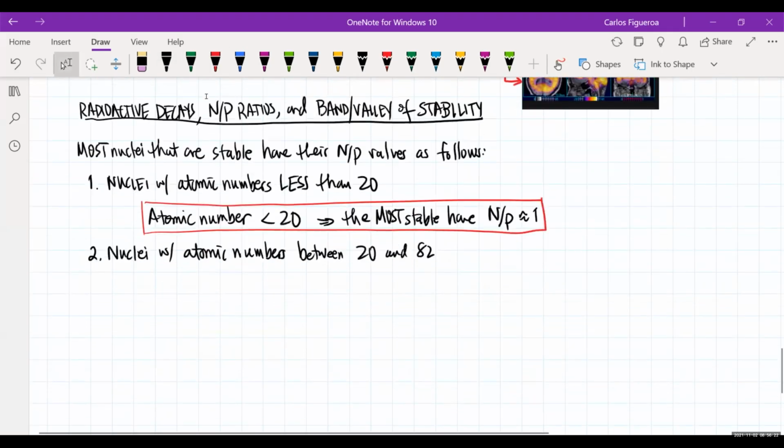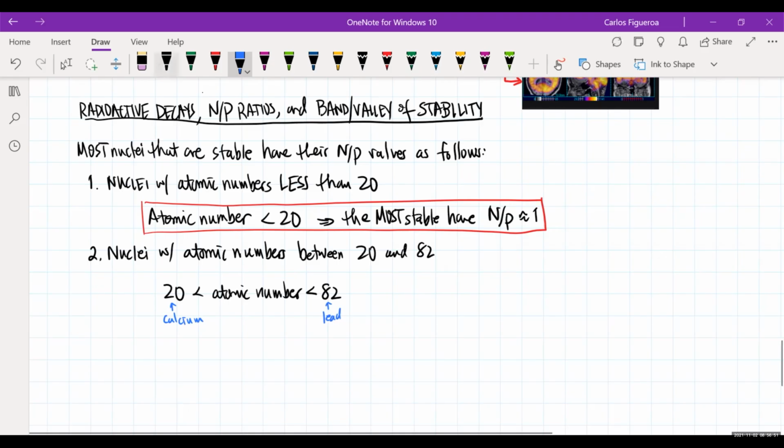So let's go look at this. If I have atoms that are greater than calcium, so that means its atomic number, so this guy right here is calcium. This number here is lead.